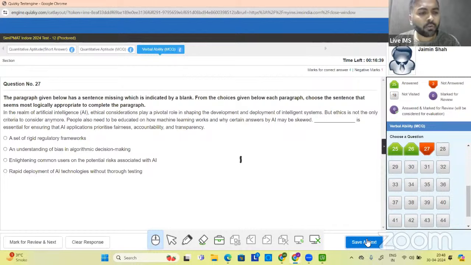Dash is essential for ensuring that AI applications prioritize fairness. Okay, a set of rigid regulatory frameworks, and understanding of bias, algorithmic decision making is essential for ensuring that AI applications prioritize fairness. Enlightening common users on the potential risks associated with AI is essential. Rapid development of AI technologies without thorough testing is essential, no. It should be B.